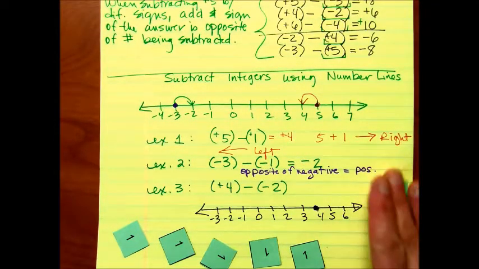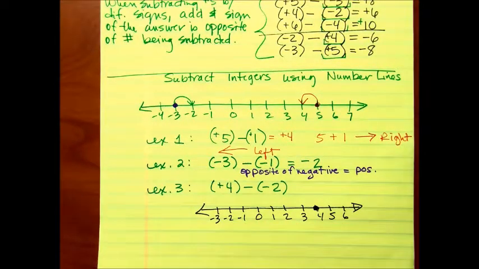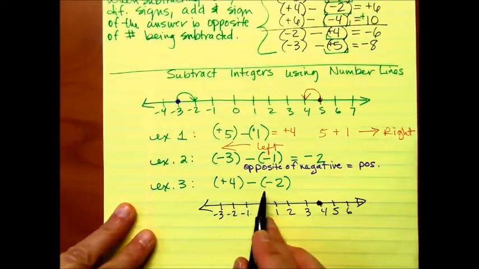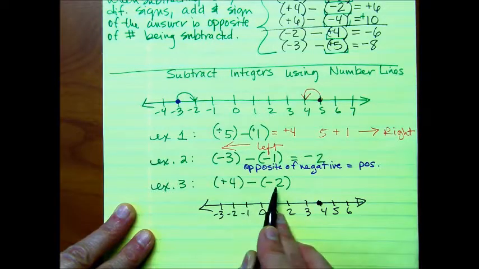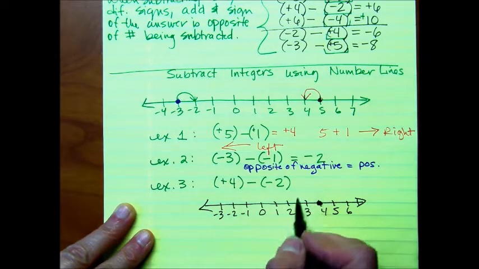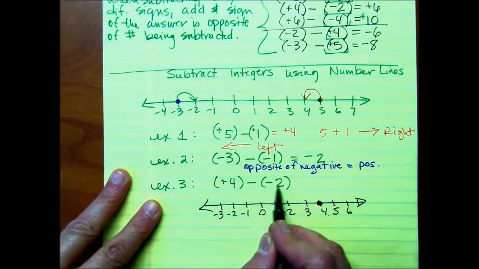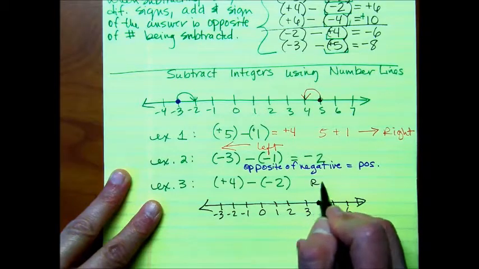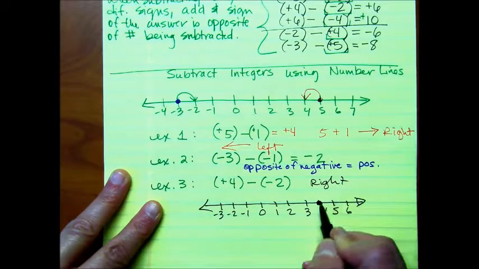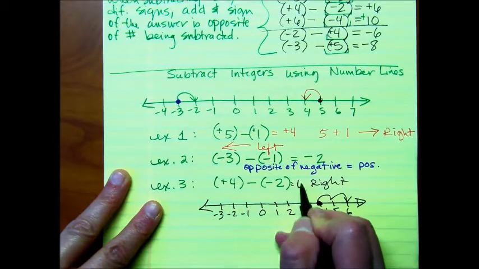And so our answer is actually going to be 6. So that's one way with the tiles, but with the number line, think of this as the opposite of this sign. So the opposite of the negative is going to be a positive, and when we're dealing with a positive or adding, we're going to move to the right. So we want to go 2 to the right. And so our answer is going to be 6.